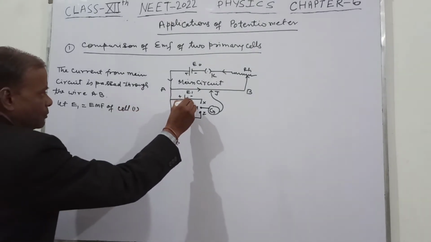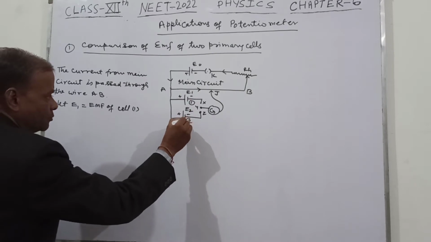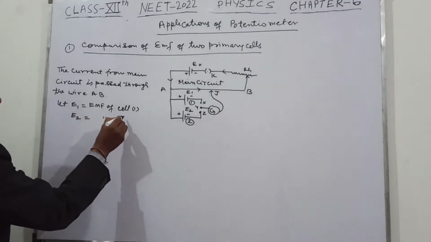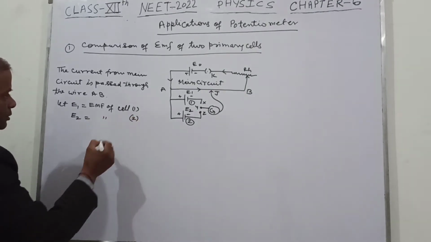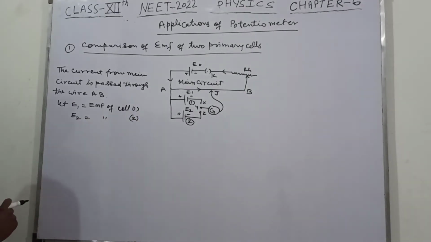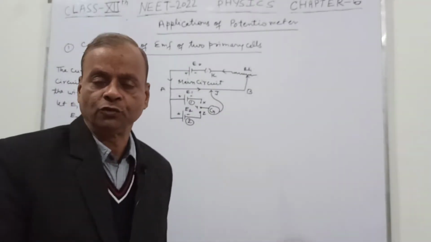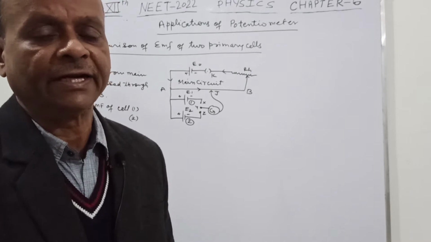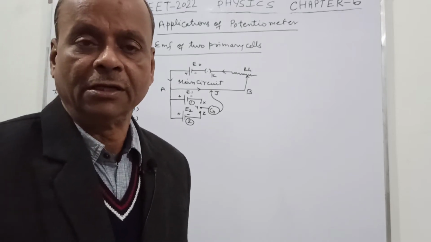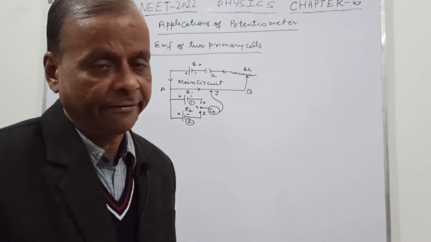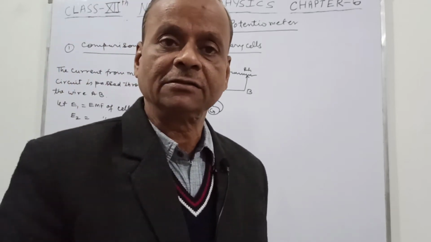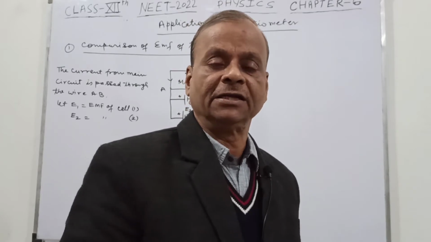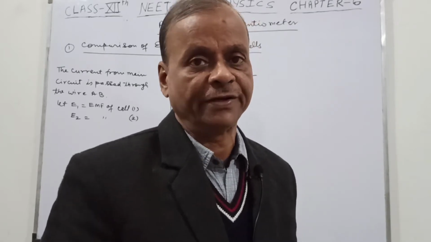This is now your cell 1, this is now your cell 2. In the two-way key, first we connect XY and then connect YZ. When we connect XY and find the balance length of the potentiometer wire, then XY is disconnected and the connection is made between Y and Z, and then again the balancing length L2 is found out.